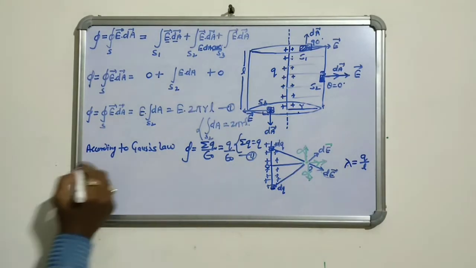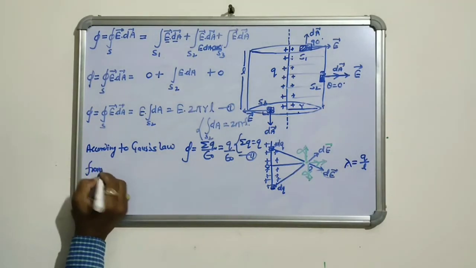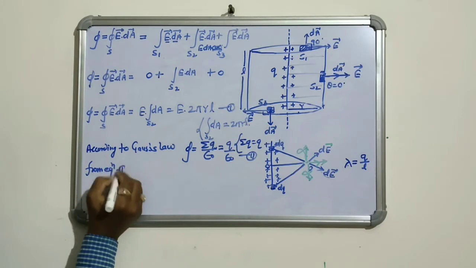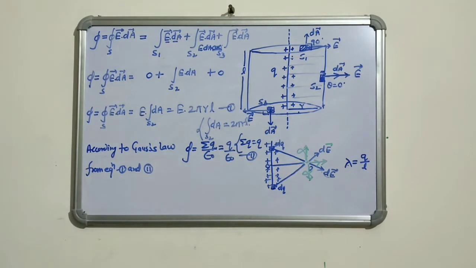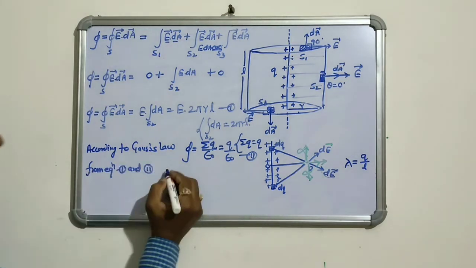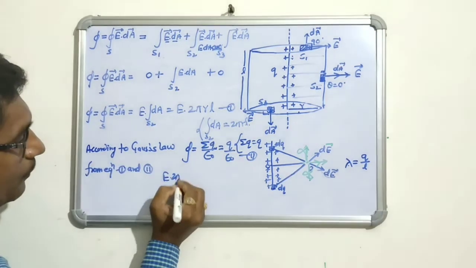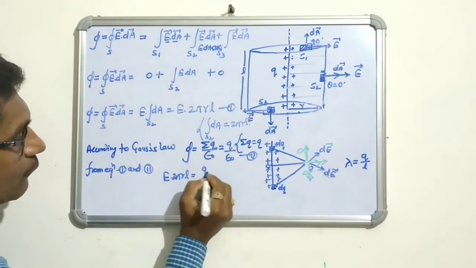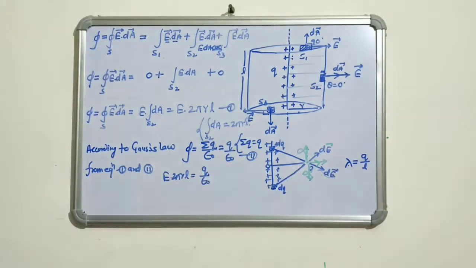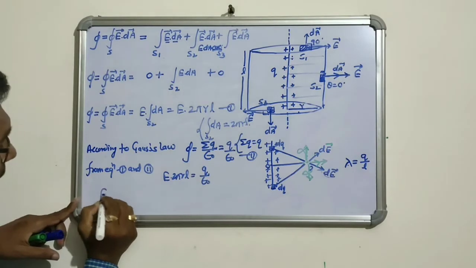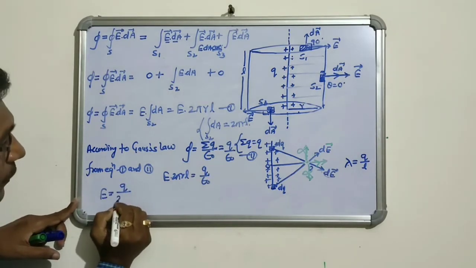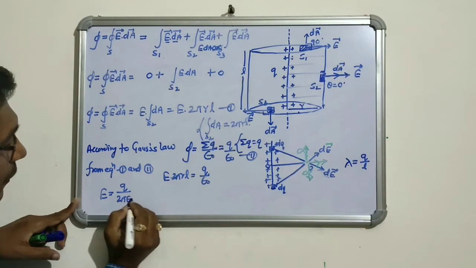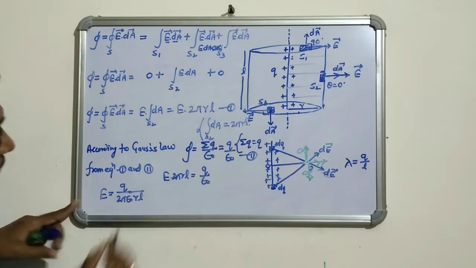Now comparing equation 1 and 2, E into 2 pi R L is equals to q upon epsilon naught. That's why E is equals to q upon 2 pi epsilon naught R L.